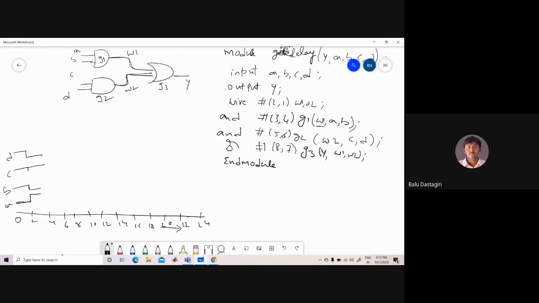Now we have to plot W1 and W2. After changing the value, W1 should become 0. W1 is nothing but A and B.